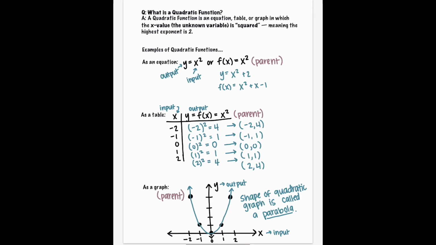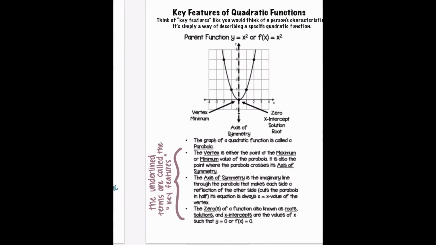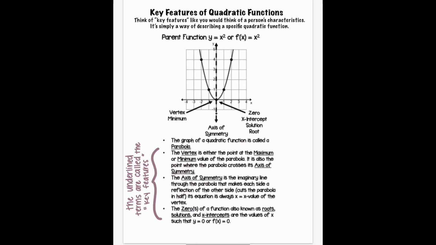Now let's look at some examples and get into the key features of quadratic functions. When I say the words key features, think of it as if you were thinking about a person and you wanted to know what makes that person who they are. The key features of a quadratic are just the things that make that quadratic what it is in specifics.